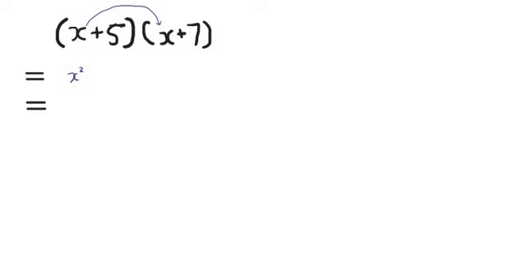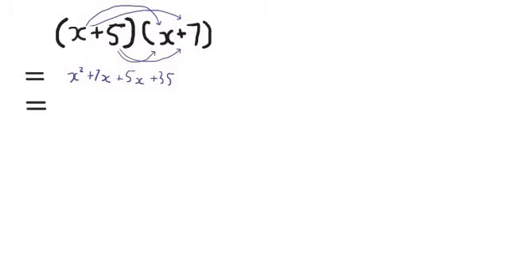Then you do x times plus 7, which will give you plus 7x. Then you do plus 5 times x, which should give you plus 5x. Then lastly you do plus 5 times plus 7, which should give you plus 35.